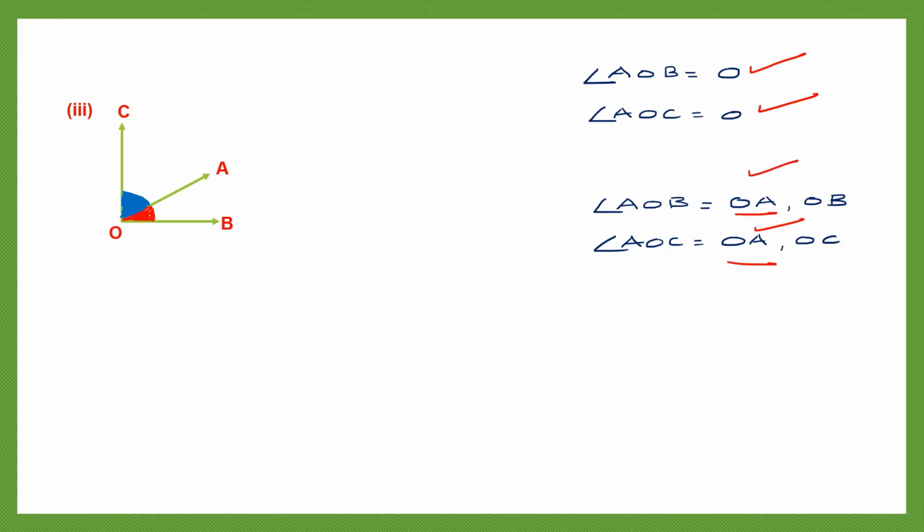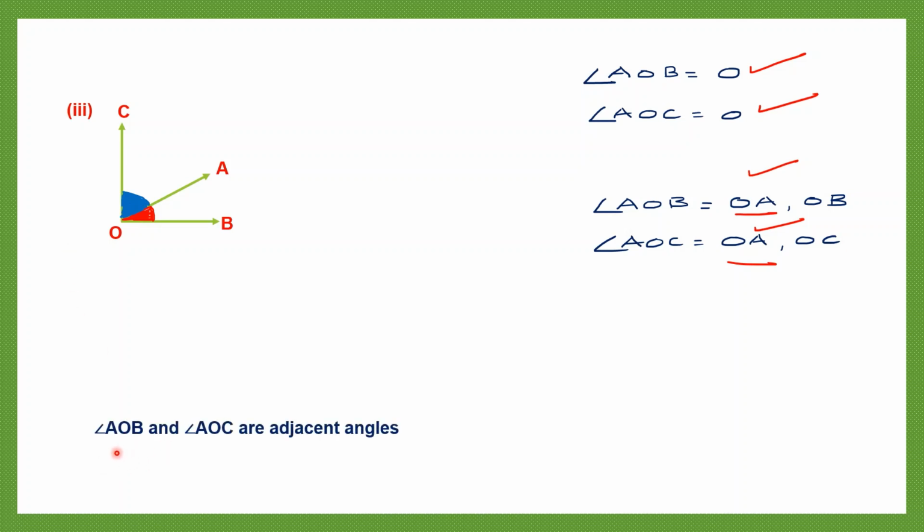Now there's one more thing that we need to see. Is this common arm in between the other two arms? Yes. Can you see that? OA is in between OB and OC. That means OB and OC lie on the opposite sides of the common arm. That means angle AOB and angle AOC are adjacent angles.